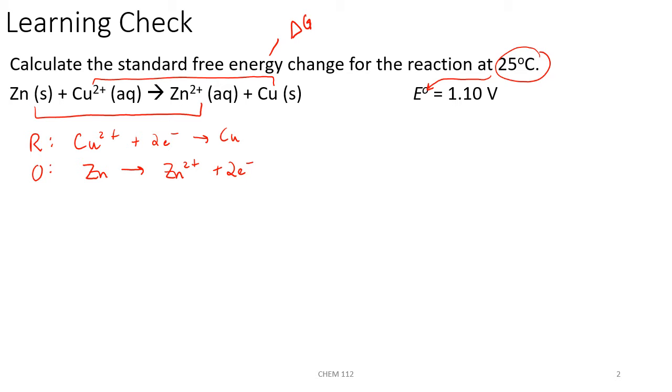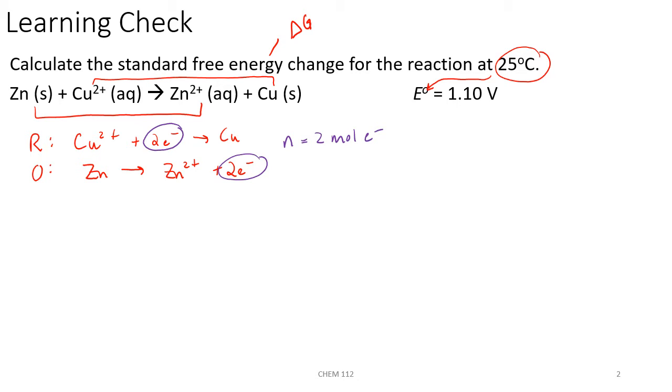So when we look at the individual half reactions, in this example, the electrons that are gained in the reduction half reaction are exactly equal to the electrons lost in the oxidation half reaction. They're both 2. So n is equal to 2 moles of electrons.